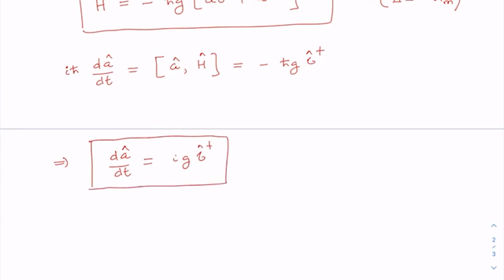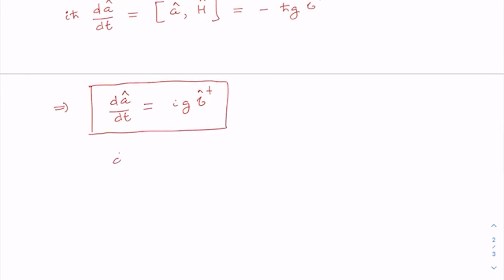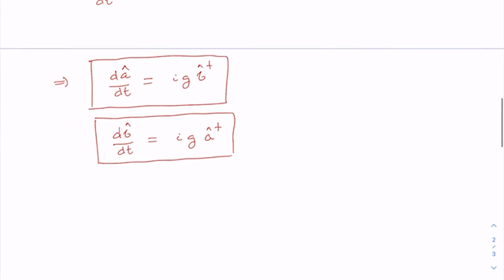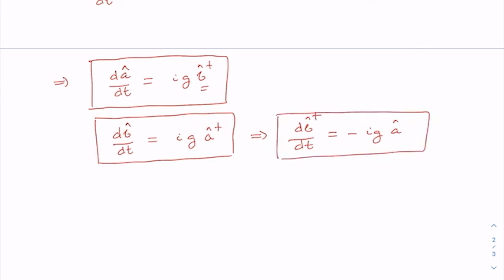Similarly, you can get the other equation for mode b: dB/dt is equal to i z a dagger. Now let us solve this coupled equation, which is easy to do. Because here I have b dagger, I can write dB dagger/dt is equal to minus i z a, and you know how to uncouple this set of equations.